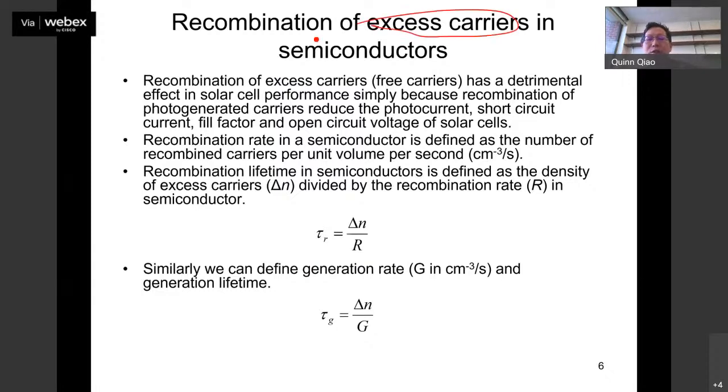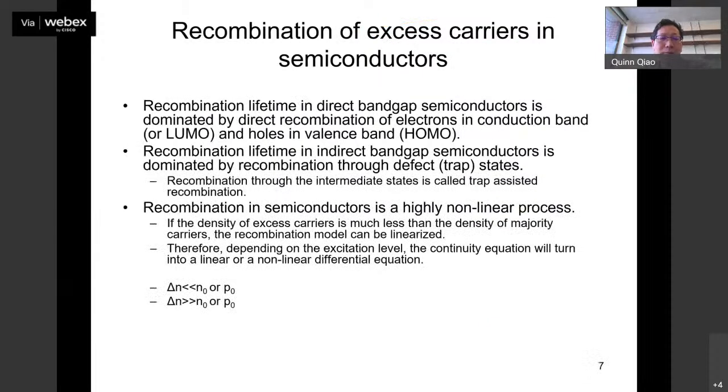If n is bigger than n0 and p is bigger than p0, you have recombination. If your system has less than n0 and less than p0, then it will generate more carriers, because the system likes to reach thermal equilibrium, that is, n0, p0.